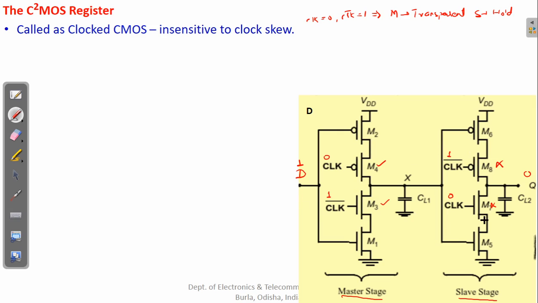Depending on the value of D, if D is 1, then this is off, this is not working, and this 1 will make this on. So if D is 1, node X is connected to ground via this branch, and that will discharge this CL1, and X will eventually become 0.